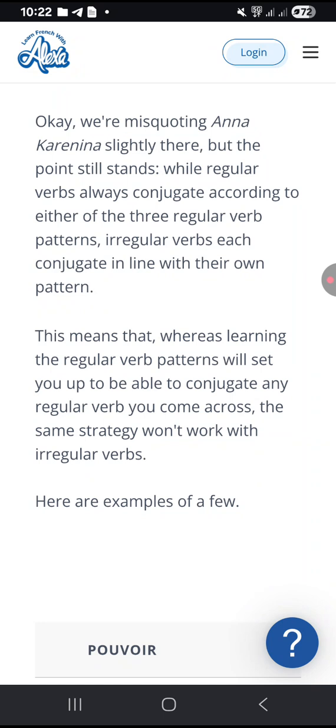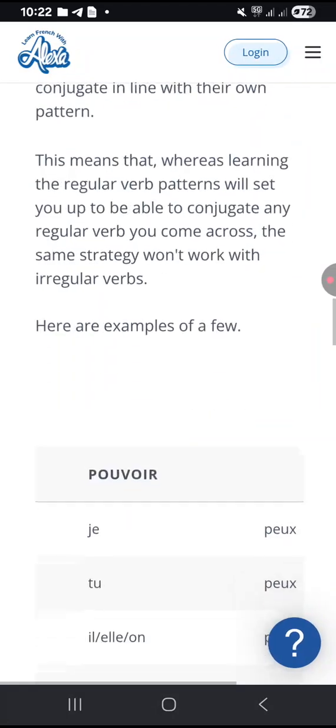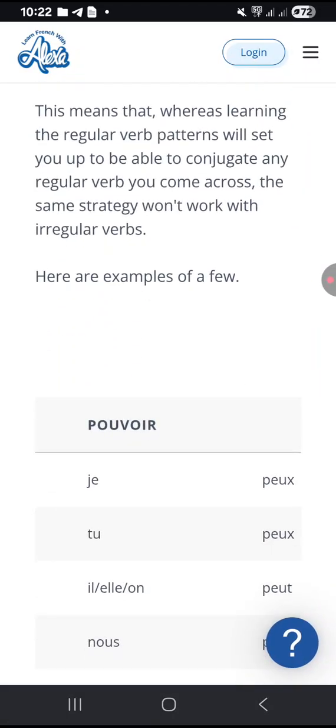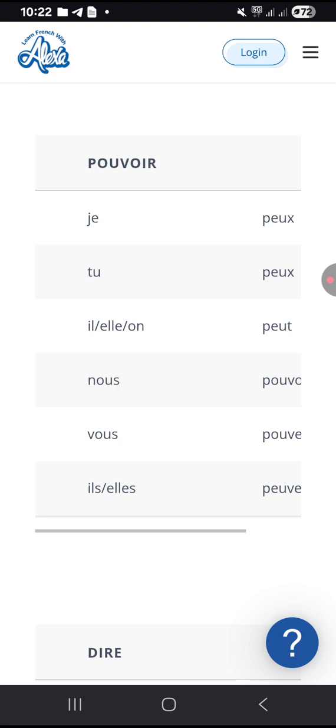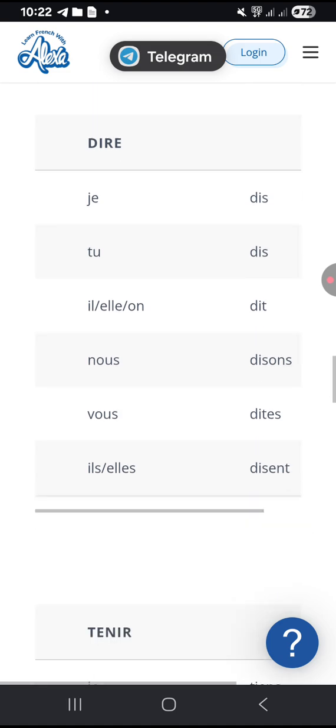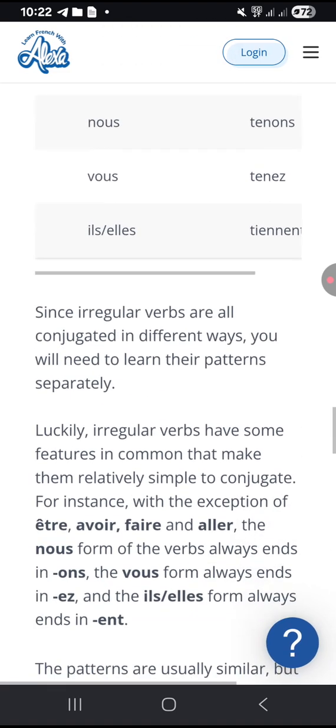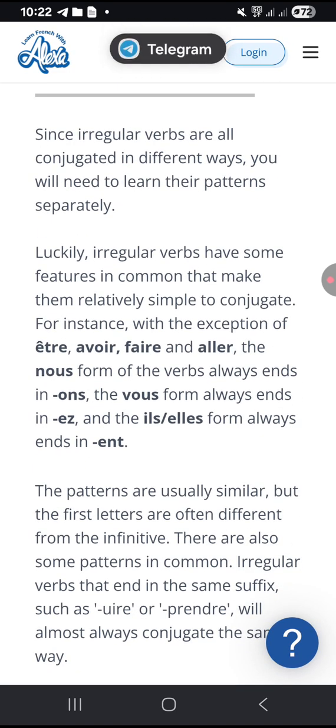Not much of a difference, but the conjugation can differ from the three regular patterns. You will have to change the conjugation in some way. For example, you have pouvoir, dire, and tenir. All these are irregular verbs with re, ir, and er endings.